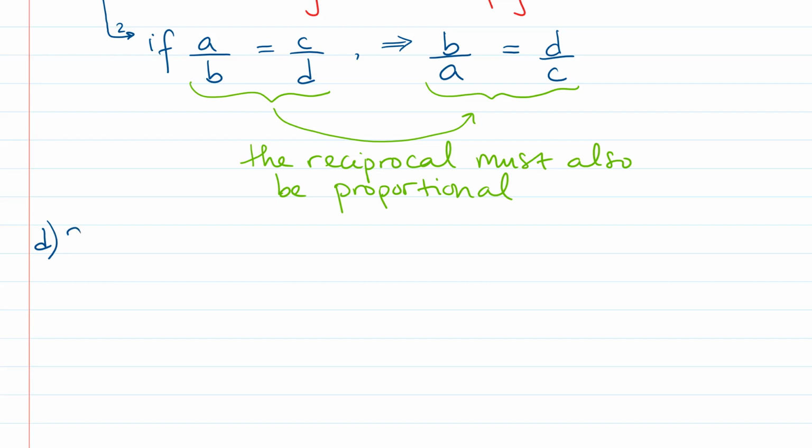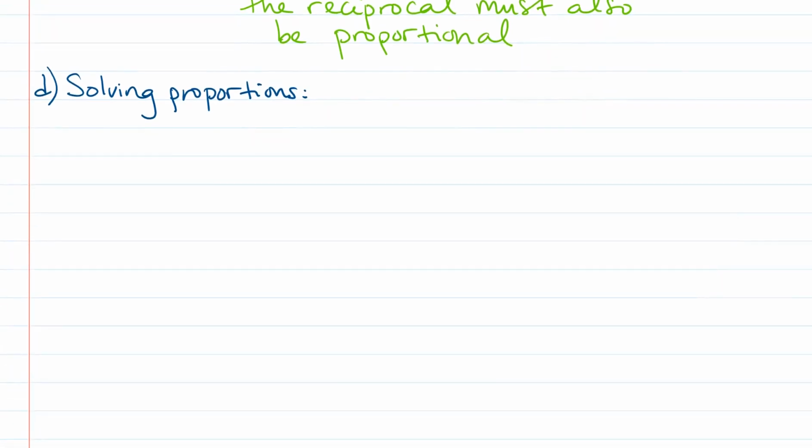Next, a quick refresher on solving proportions. For example, if I have 4 over x equals 5 over 9, I could cross multiply.